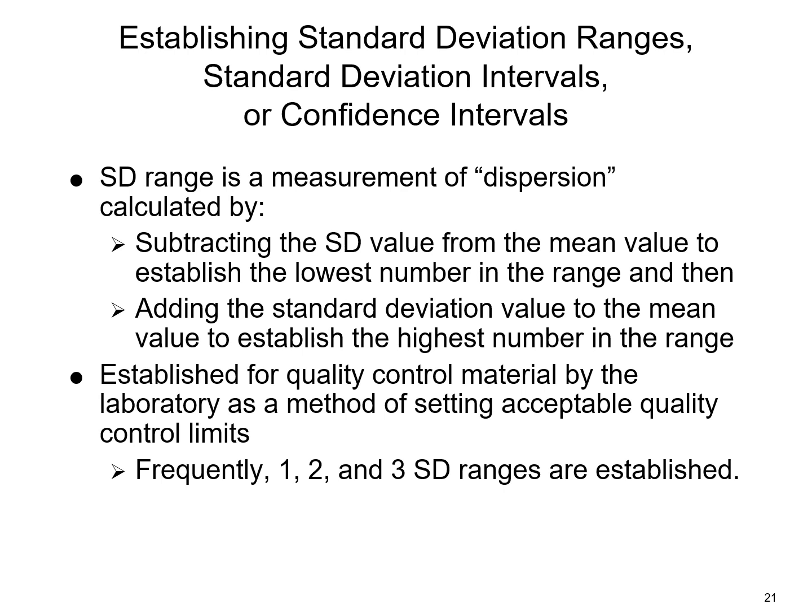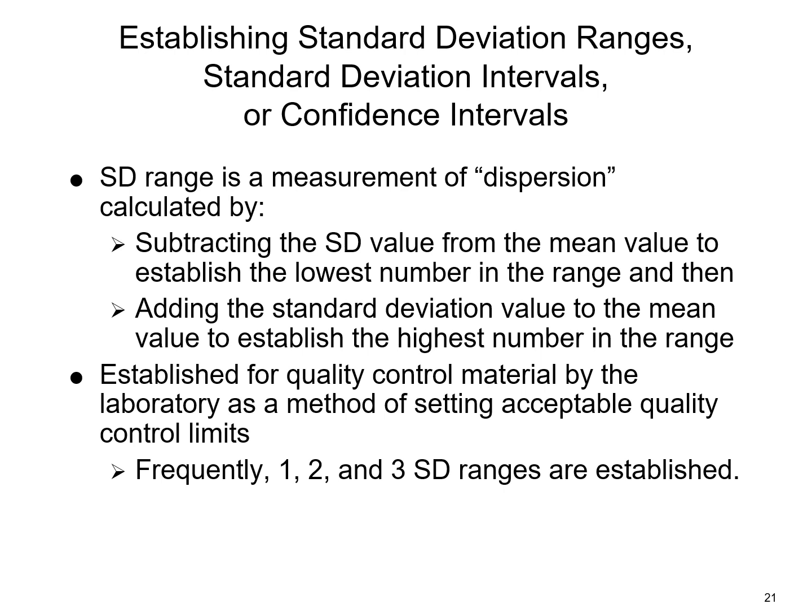Well, we're going to establish our acceptable range for our QC values, and that can be referred to a couple different ways. We can refer to it as standard deviation ranges, standard deviation intervals, or confidence intervals. We're just going to refer to it as the standard deviation range or the SD range.